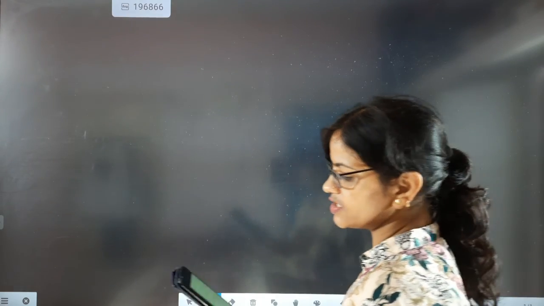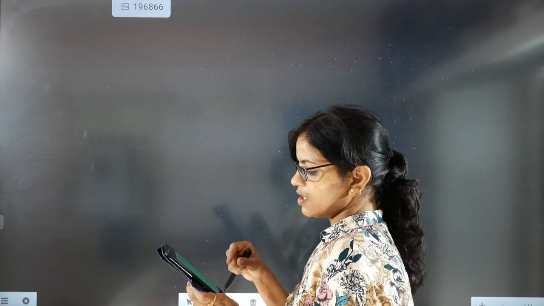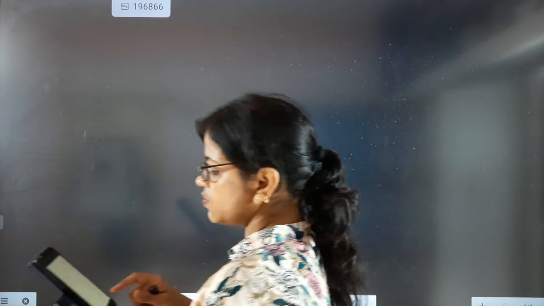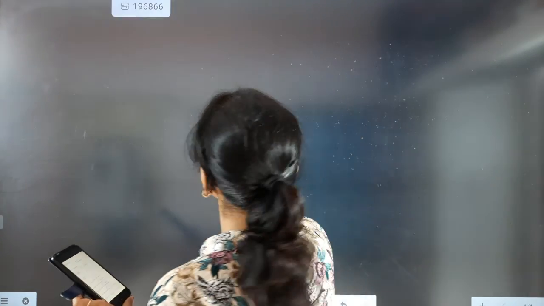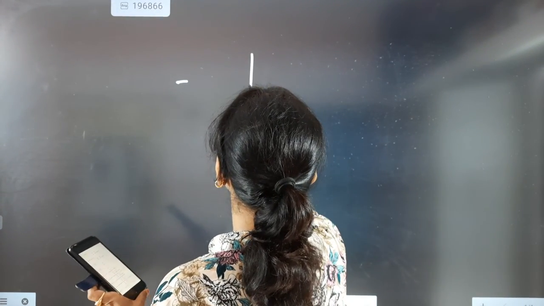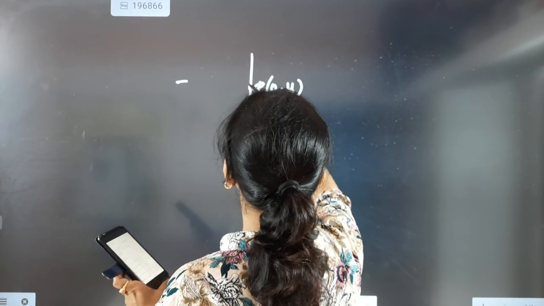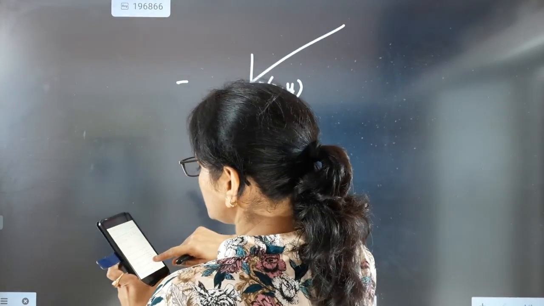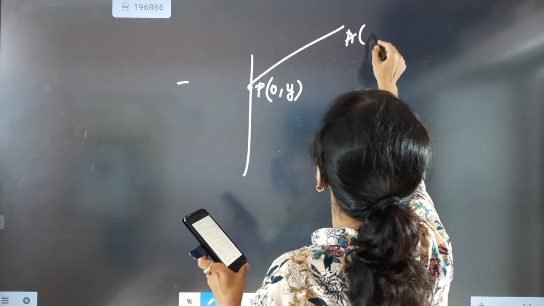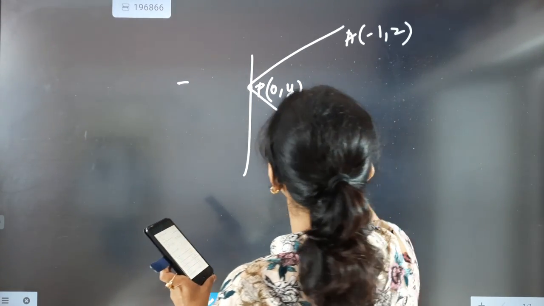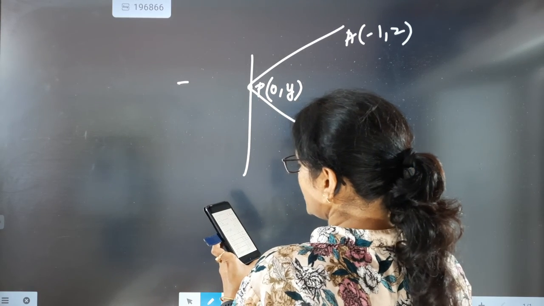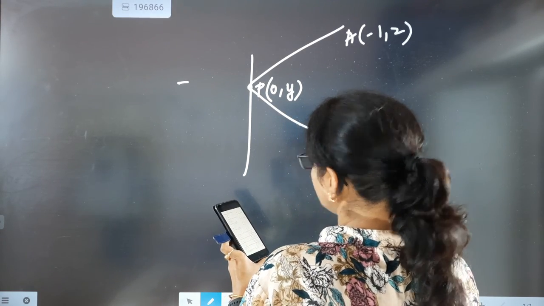Shall we go for the next question? Question number 91: the point on the y-axis which is equidistant. So on the y-axis one point will be there, so definitely the value of x will become 0, and this point will be equidistant to A, that is minus 1 by 2, and B, that is 3 by 4.